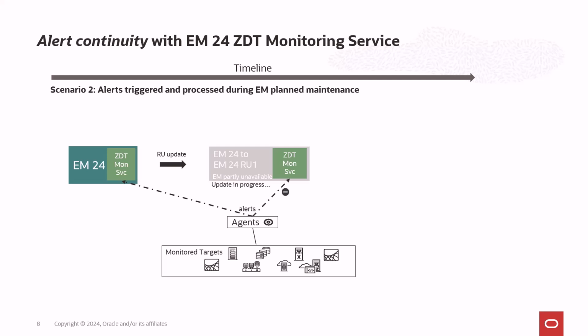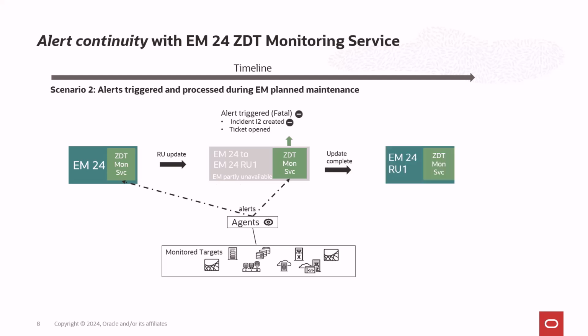Let's say a target went down, causing a fatal alert to be generated, and this alert gets processed by ZDT monitoring, which also creates an incident and generates a ticket. Later on, the RU update is complete, and ZDT monitoring continues to function.